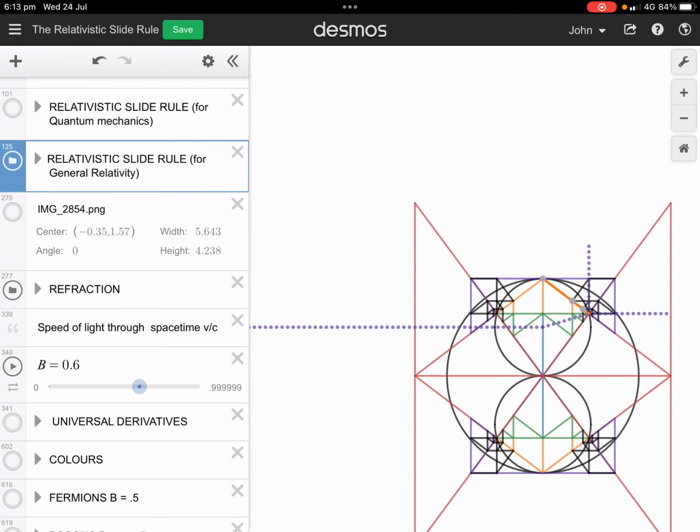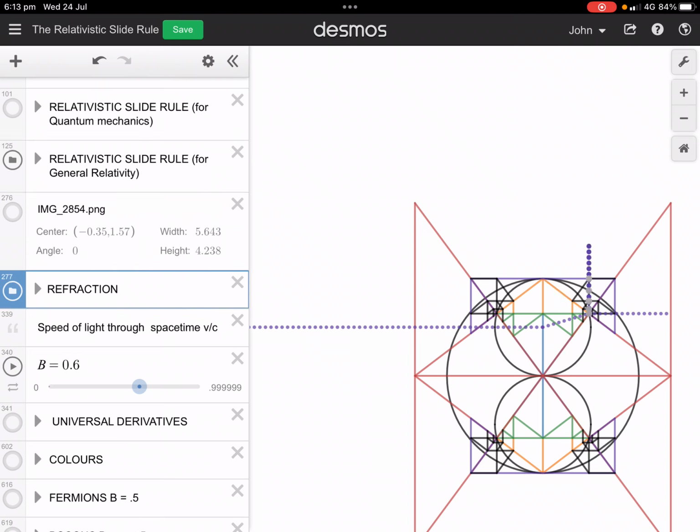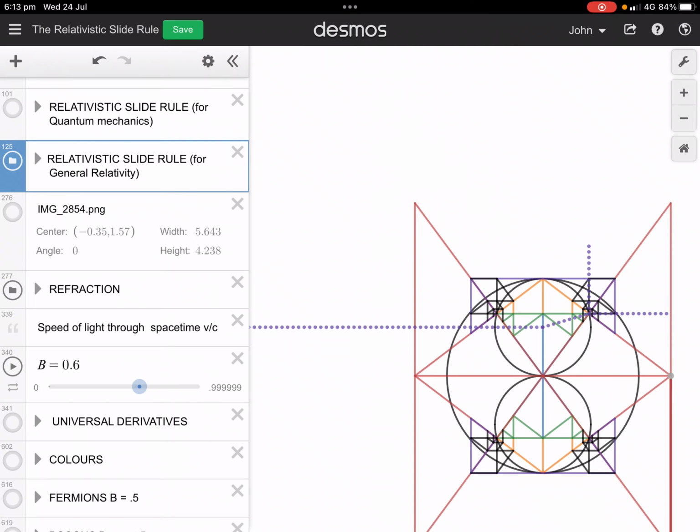So at this point it can either refract or it can be transmitted to the screen. Let's say that this is the screen where the photon is going to be detected. Okay, so you don't need any collapse of the wave function anymore.